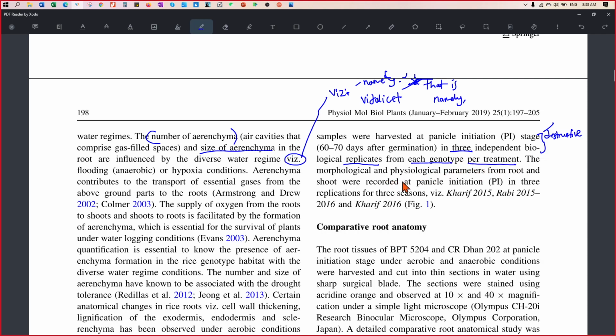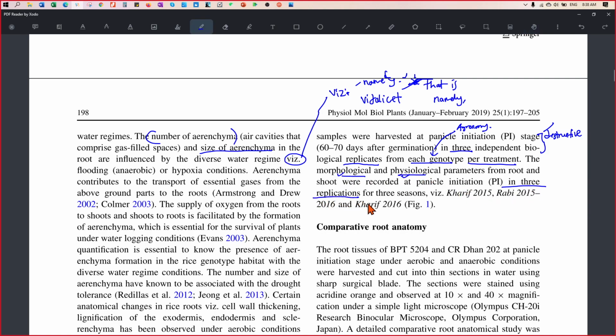The morphology and physiology parameters from root and shoot were recorded at panicle initiation in 3 replications for 3 seasons. So for the morphology and physiology, and above here, this is for the root agronomy. For the morphology and physiology, they also did 3 replications for 3 seasons.